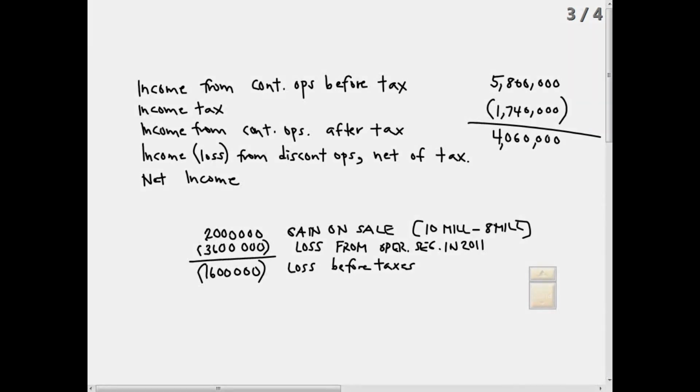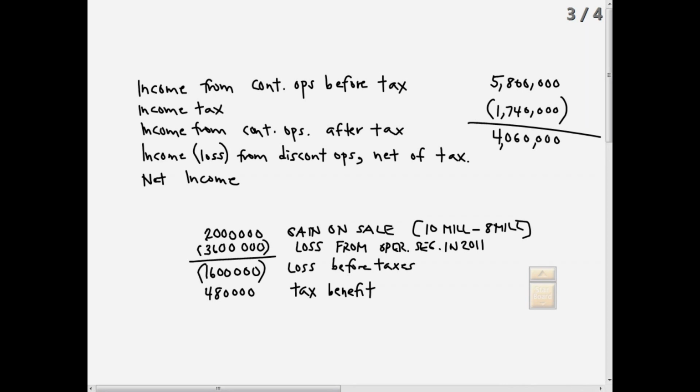It's not that they're going to give us money back, but instead of us having to pay all those taxes on the income in the other segment, we're going to actually be able to reduce our taxes by $480,000. Okay, so this is actually a plus tax benefit. Okay, because we had a loss.